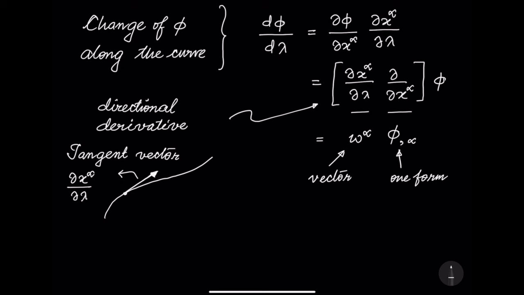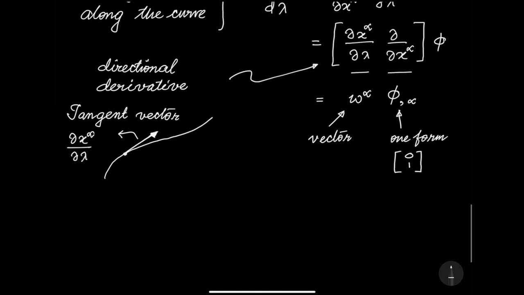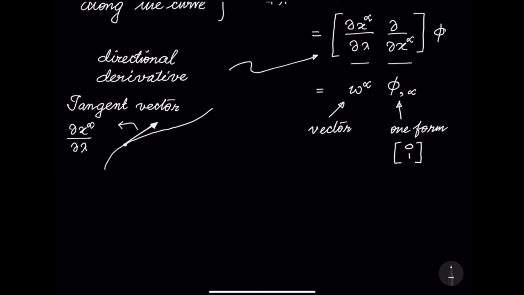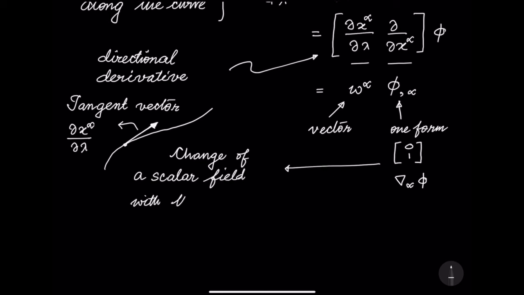Now, if we look at this object, the one form, it obviously has this type of tensor structure. So it's a (0,1) tensor, right? We will write this as the gradient of phi. So this is the change of a scalar field with the coordinates.